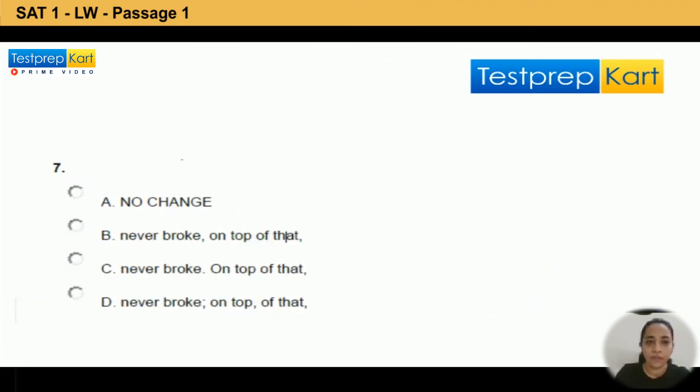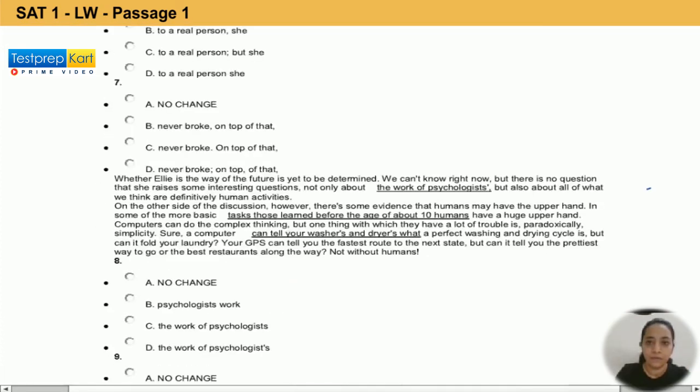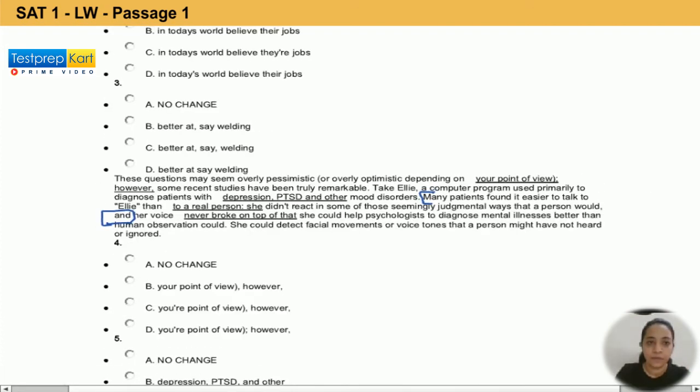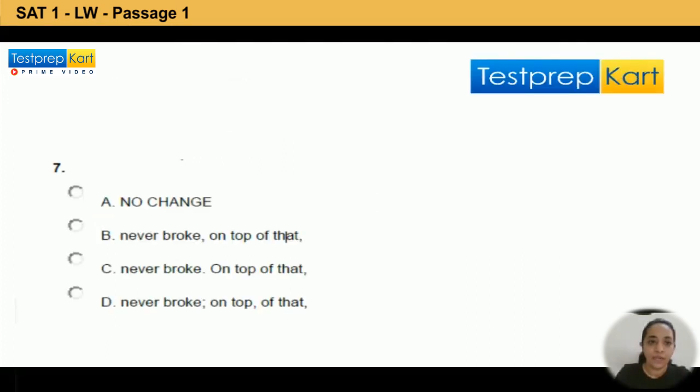Right. So here in A, we don't have any barrier. We need this part because this part is complete, right? We need either a semicolon or a full stop because this is complete. And then we are saying on top of that, this is a new thing, right? So A goes out.